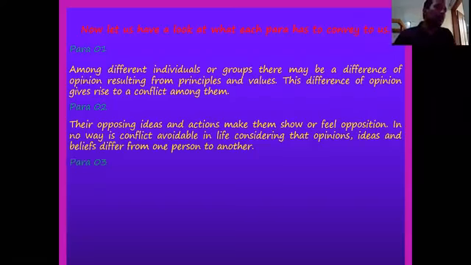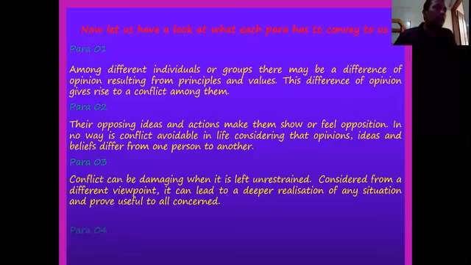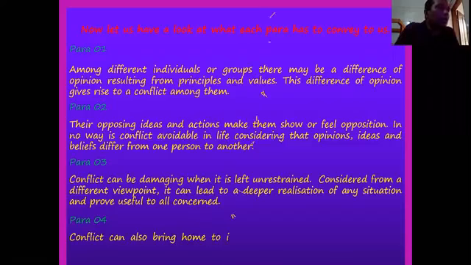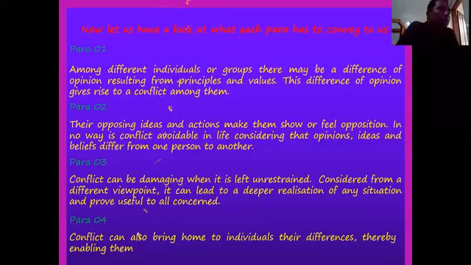Now, what we can learn from para 3 is that conflict can be damaging when it is left unrestrained. Considered from a different viewpoint, it can lead to a deeper realization of any situation and prove useful to all concerned. And from para 4, we can learn that conflict can also bring home to individuals their differences, thereby enabling them to live amicably.